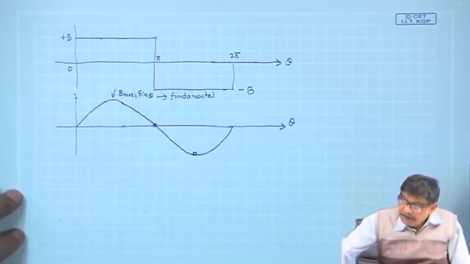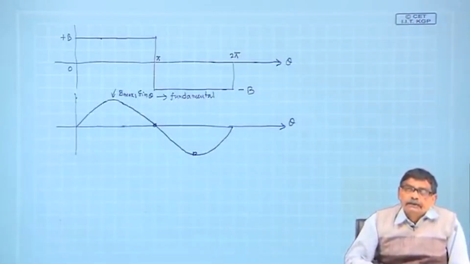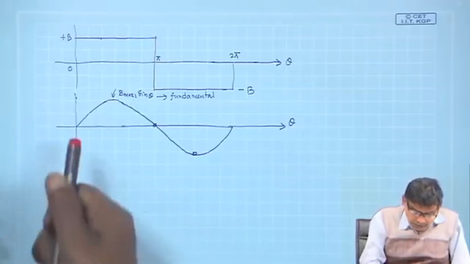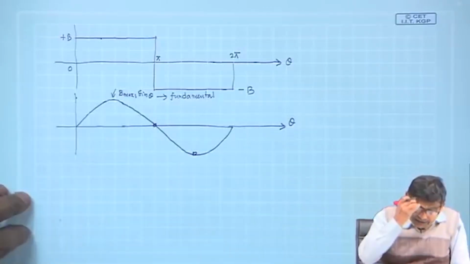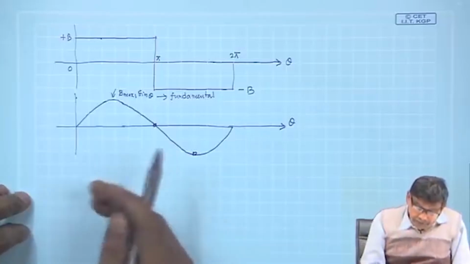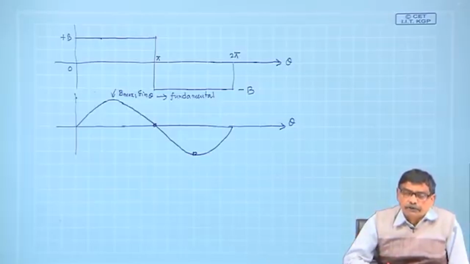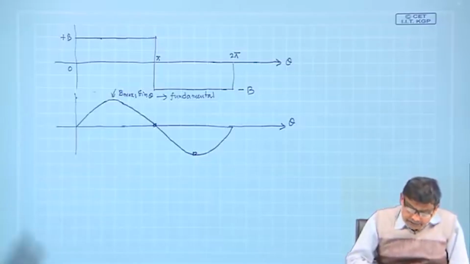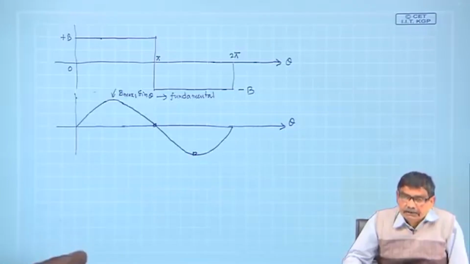Now, the next higher harmonic which will be present is the third harmonic. Only for that third harmonic I will show you how to calculate the voltage, and then we will be able to do it for other higher order harmonics, for example, fifth, seventh. But I am sure about one thing, that the amplitude of these harmonic components will progressively decrease.